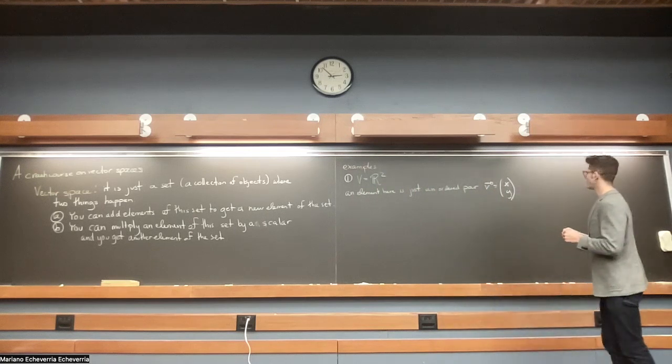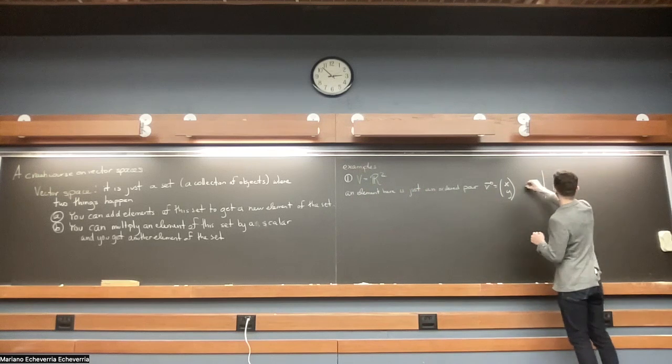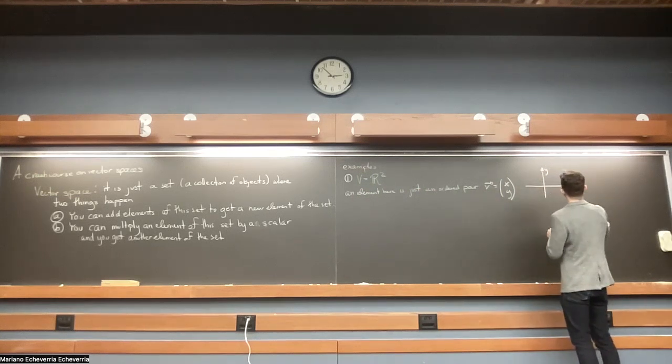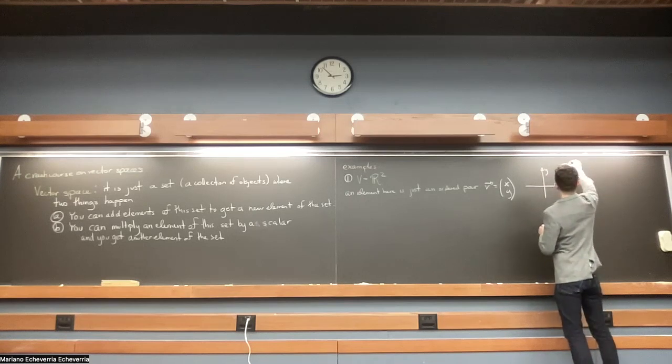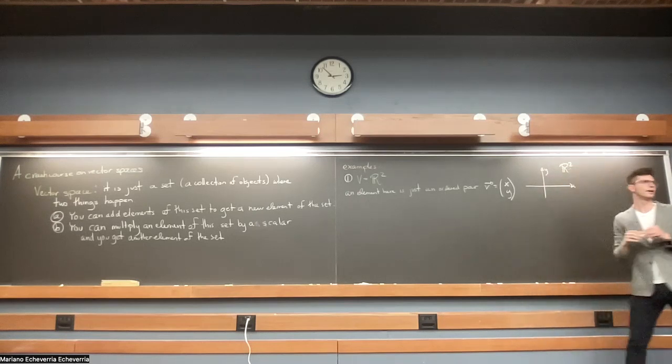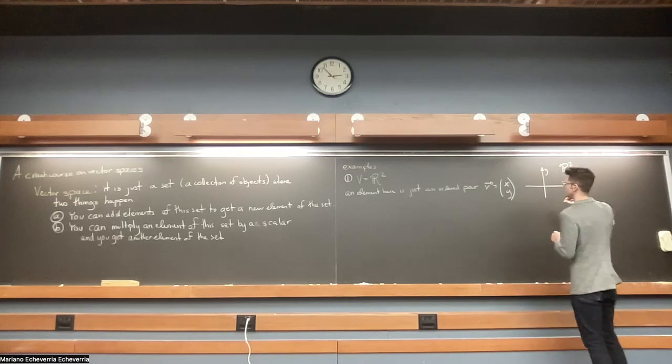Okay, so in pictures, the Cartesian plane is what I'm calling now R2. That's kind of the standard convention.